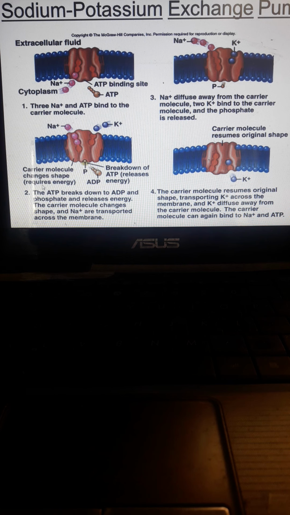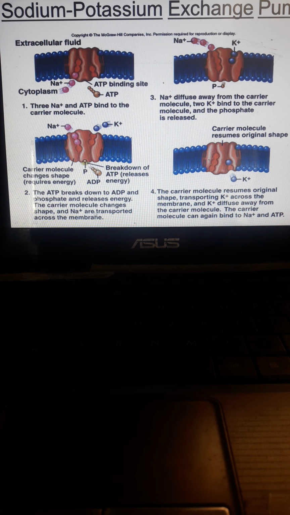Next, number 2, the ATP is converted to ADP, where one phosphate group is utilized, and there is a release of energy. The carrier molecule changes shape and requires energy, so that the sodium ions will exit out of the cytoplasm.